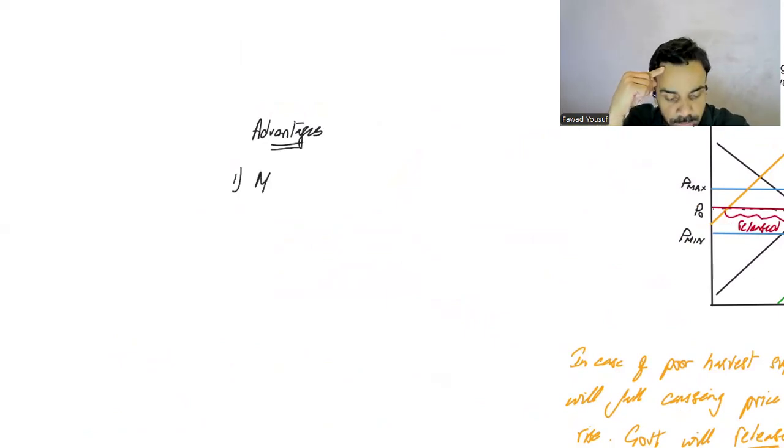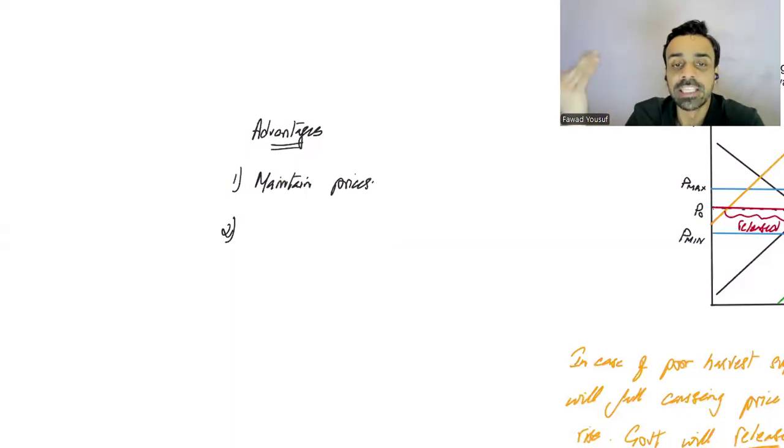Number one, it helps you maintain prices. Now, what could be the advantages of maintaining prices? We have to think about it from the consumers' and producers' point of view, basically.